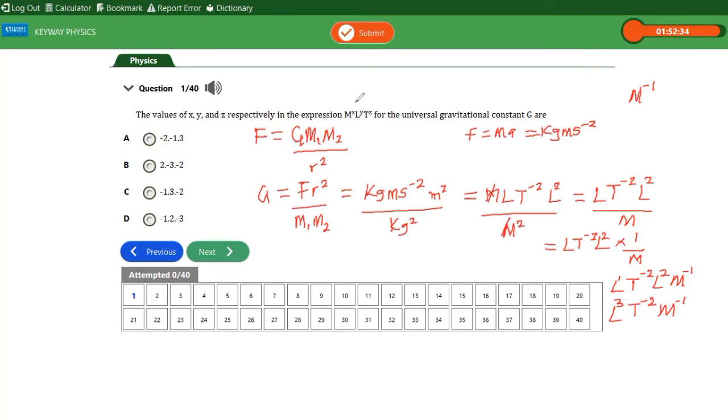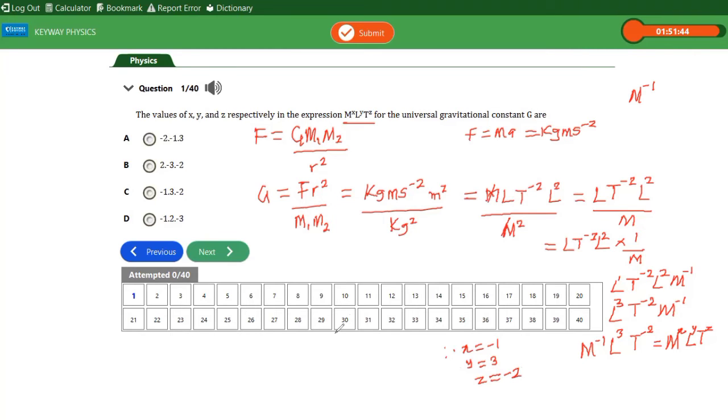So if I rearrange it like this, I'm going to have M raised to power minus 1, L raised to power 3, and T raised to power minus 2, which is equal to M raised to power X, L raised to power Y, T raised to power Z. In that case, which implies that X is equal to minus 1, Y is equal to 3, and Z is equal to minus 2.